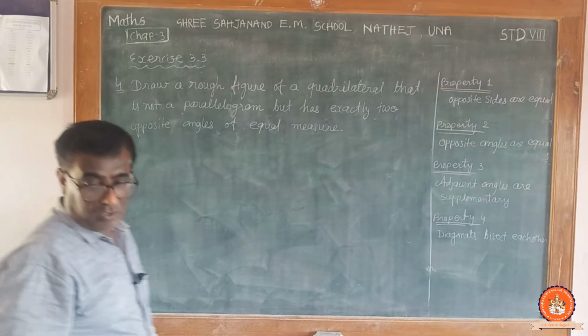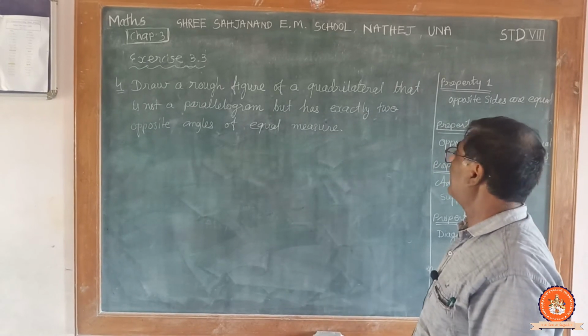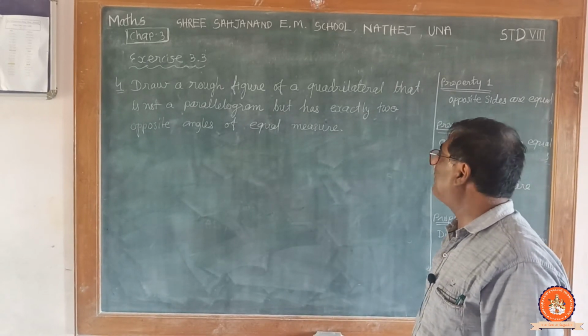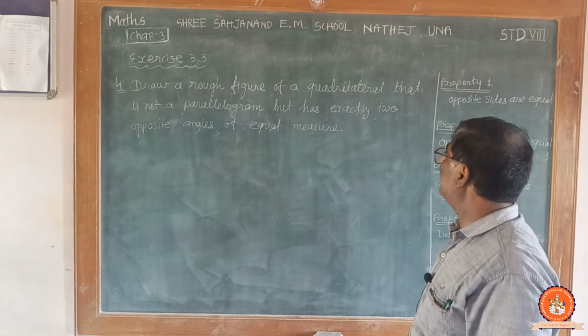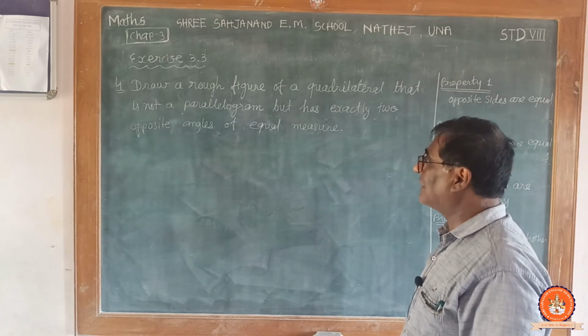Now question number 4. Draw a rough figure of a quadrilateral that is not a parallelogram but has exactly two opposite angles of equal measure.